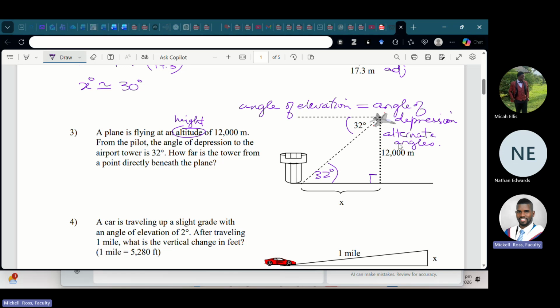So we know that they are going to be equal. Based on this angle, this side over here is the opposite side, and this side down here is going to be the adjacent side.